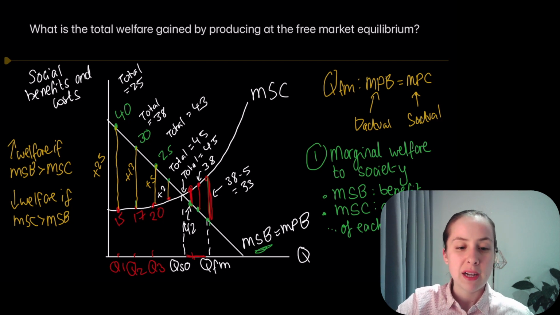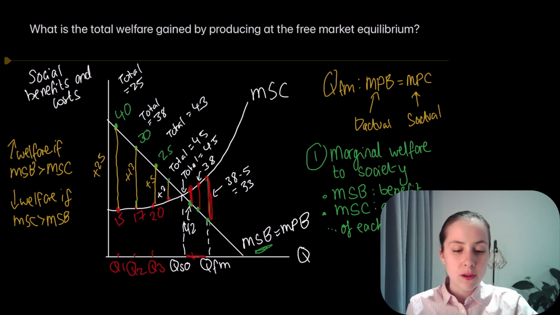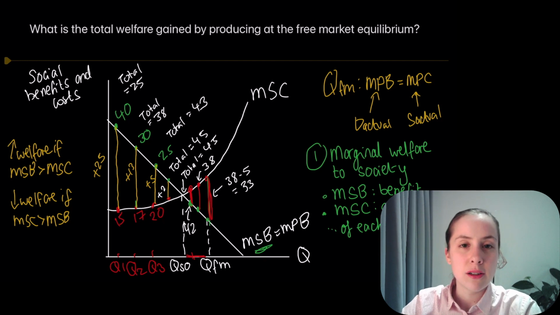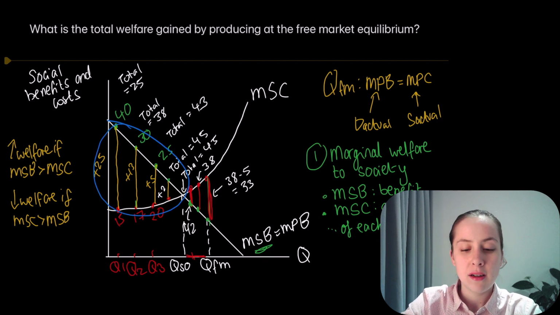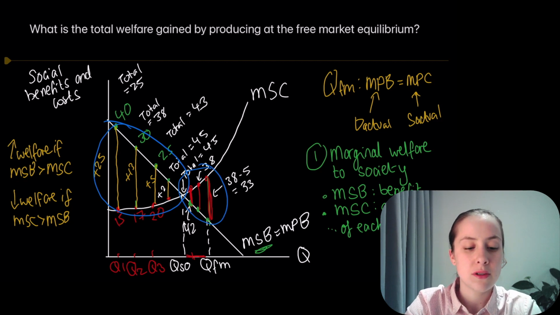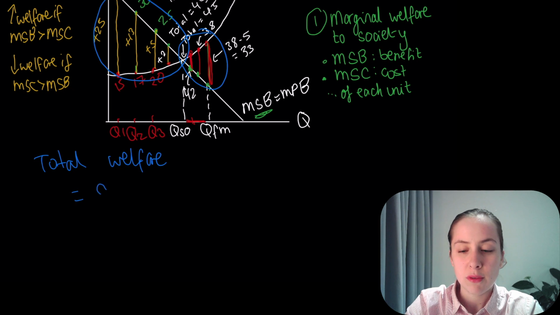So if we go back to the question to calculate the total welfare, what we've learned is it's all the welfare we gain here minus all the welfare we lost there. So total welfare equals the sum of all the marginal welfares, MSB minus MSC.